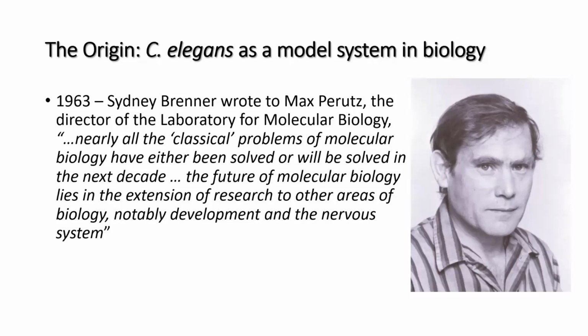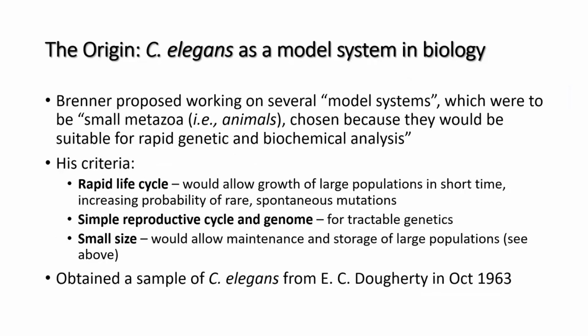So he set about looking, okay, what would be a good organism to address these kinds of questions? He proposed, I was looking at several model systems, small metazoa. Metazoa is just a fancy name for animals. It took me years to learn that.